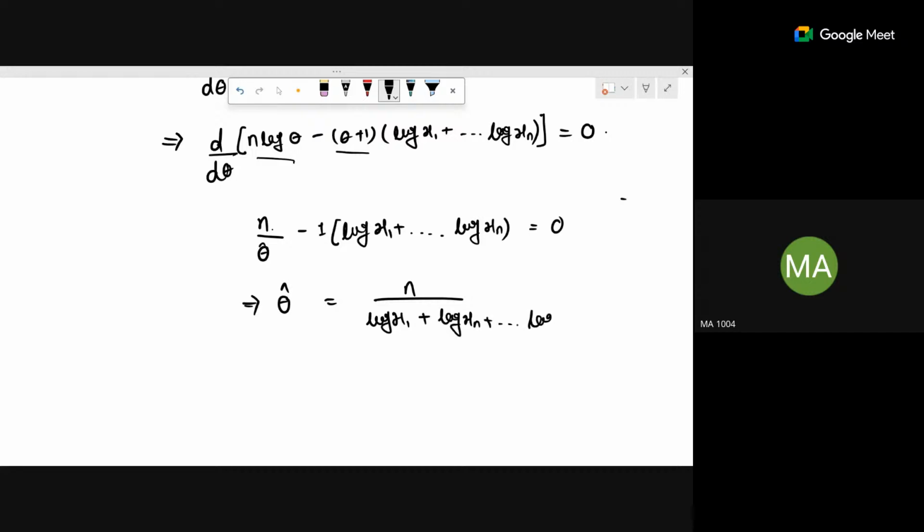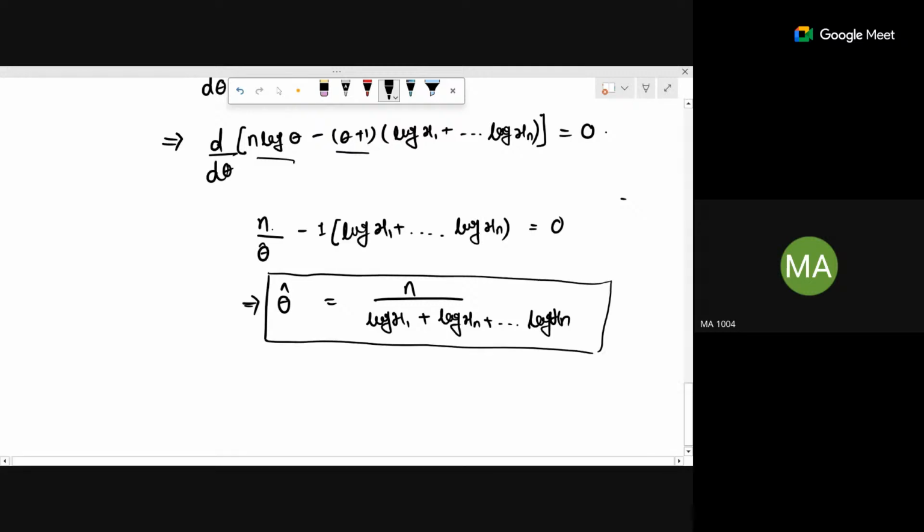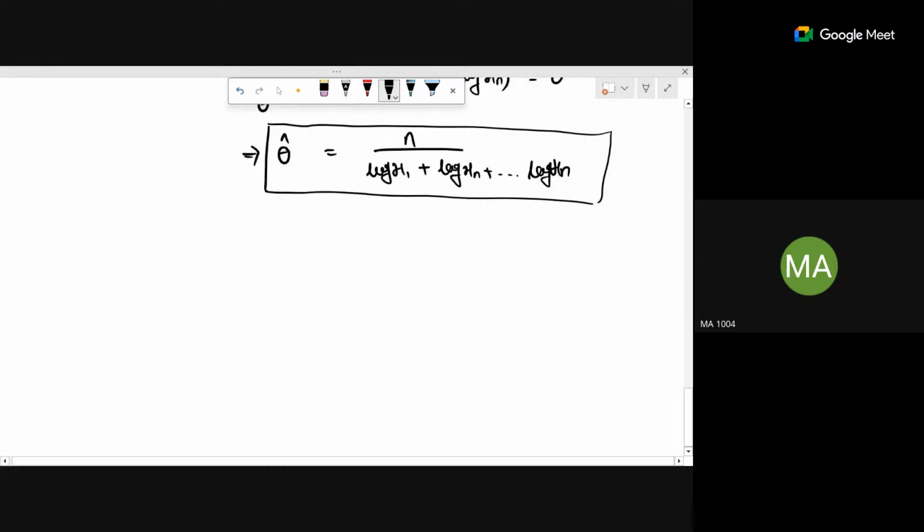So this is our estimate for theta for the given distribution of the random variable x.